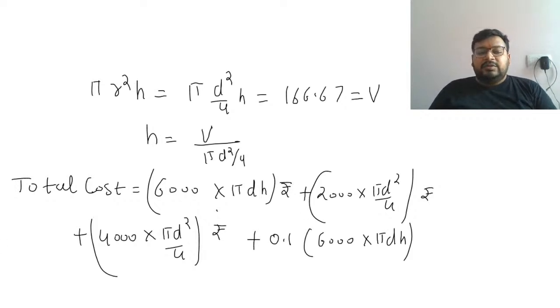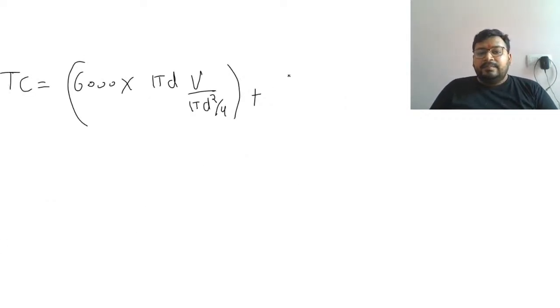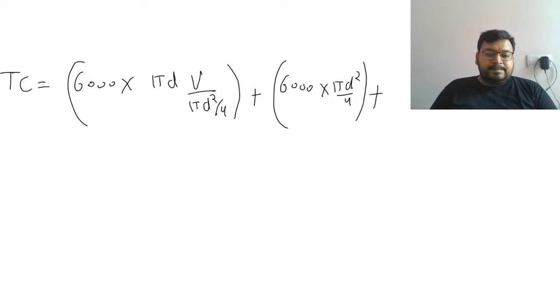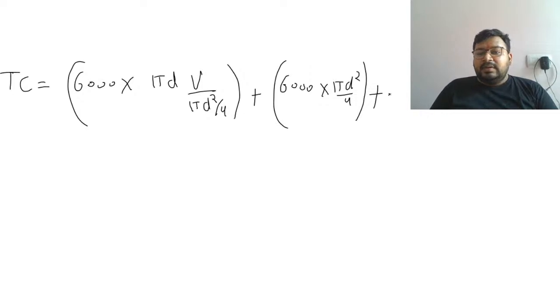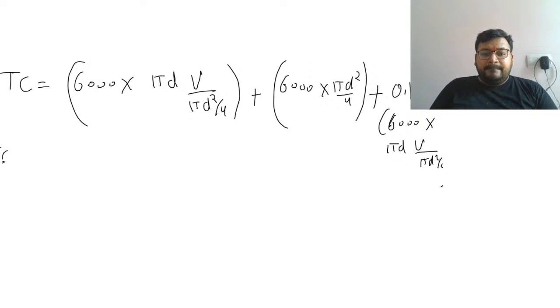Now 2000 plus 4000 becomes 6000 into pi d square by 4. And then 0.1 into 6000 into pi d h, where h is V by pi d square by 4. So that's the total cost.